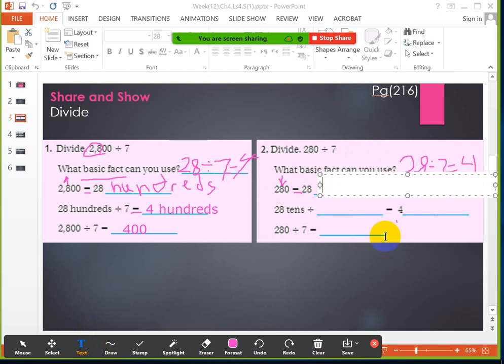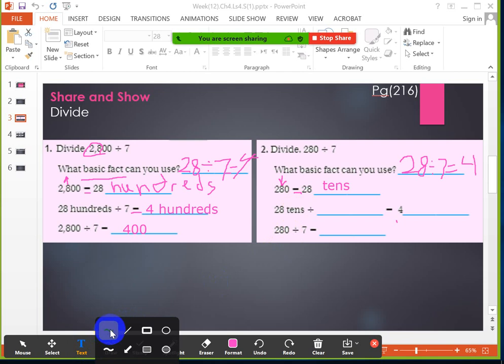Very good. It's tenths, right? That means it's 28 tenths. So I will divide 28 tenths by what? By 4. Oh, sorry, by 7. I'm sorry. By 7.